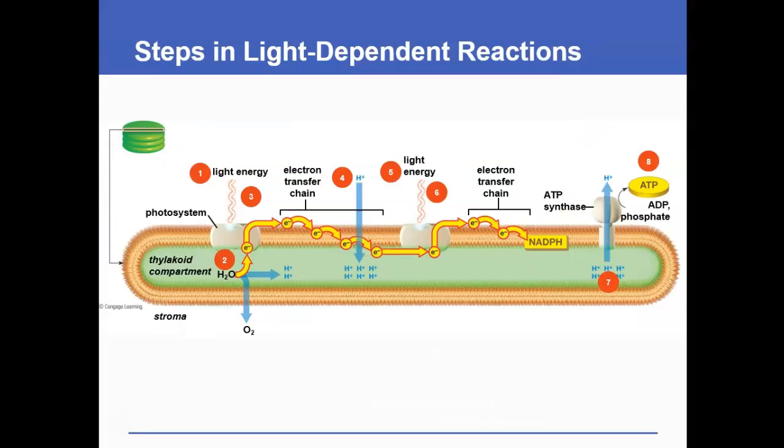So I kept saying there's an electron transport chain. What does that mean? It's that shuttling of an electron, lowering the energy, and as a result, tricking hydrogen ions across that thylakoid membrane. Then, just like in aerobic respiration, there's a buildup of hydrogen ions in this inner membrane space. In this case, it's the thylakoid compartment.